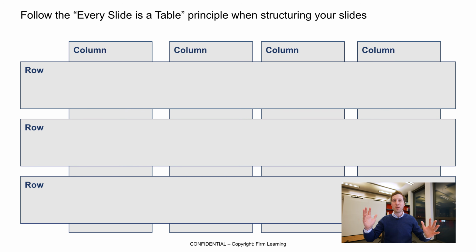So don't come up with your own crazy variations of how to integrate and organize information, but always think about your slides as a collection of rows and tables. And if you do that, you will have many ways of arranging the information in an effective way.